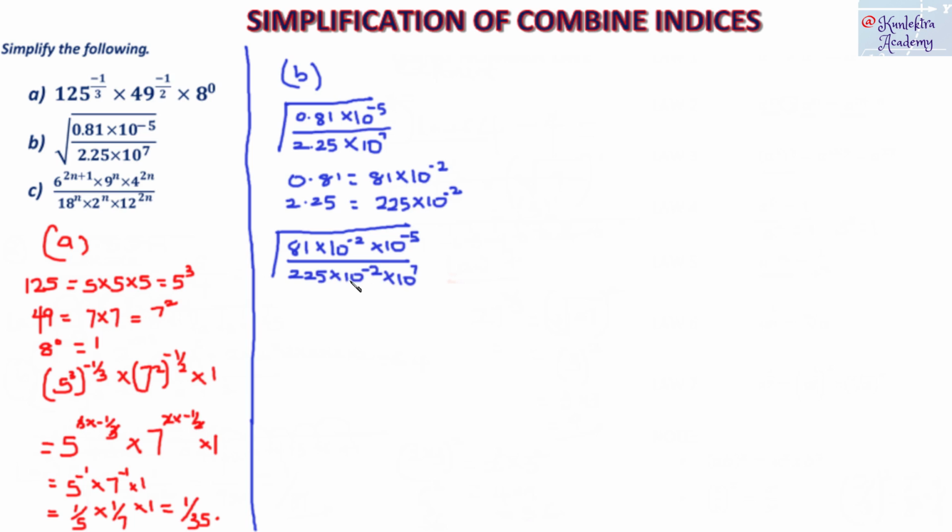Now you can equally cancel this. This will cancel this. 10 raised to power 2 divided by 10 raised to power 2 is 1. Then you have square root of 81 times 10 raised to power minus 5 over 225 times 10 raised to power 7.